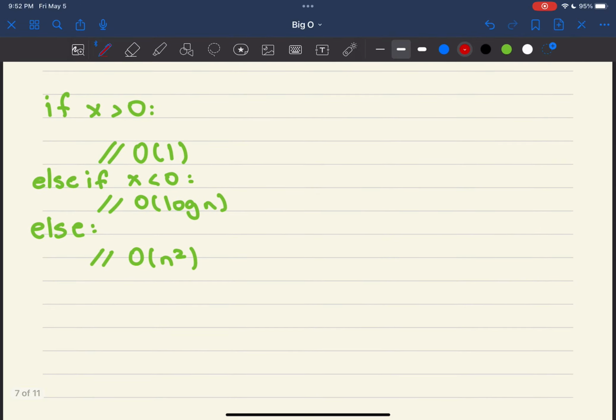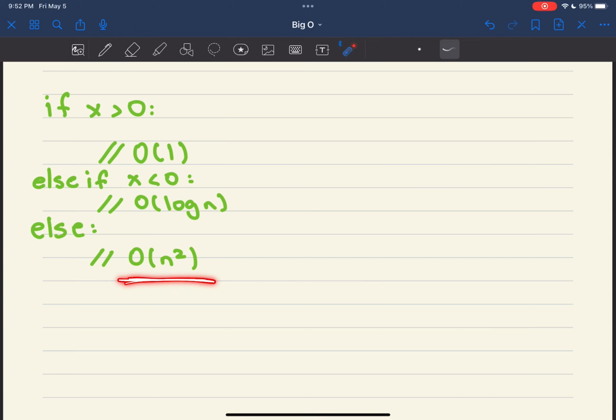In this other example, we have a set of conditions. When x is greater than 0, then we have a program that runs at big O of 1. And if x is less than 0, then we have a program that runs at O of log of n.